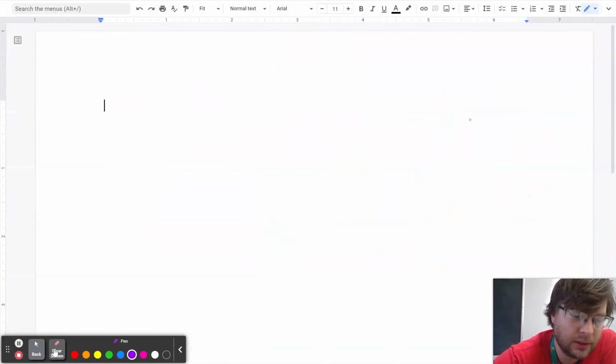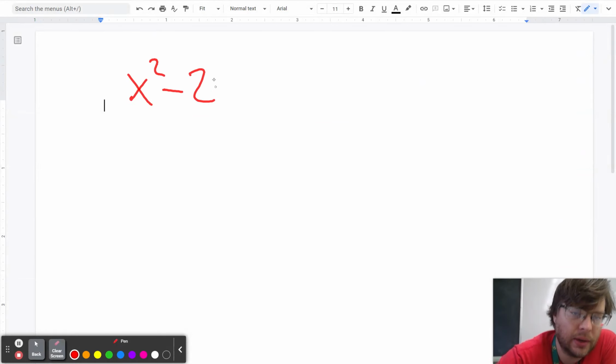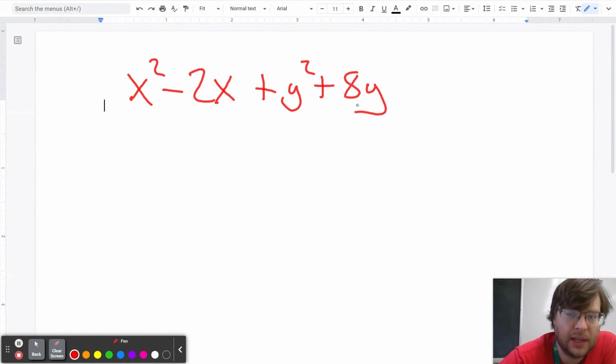There's one other level that gets a little bit trickier, which is if I just give you an equation, something like x squared minus 2x plus y squared plus 8y equals 0, and you have to figure out what the center and the radius of the circle are based on this equation.